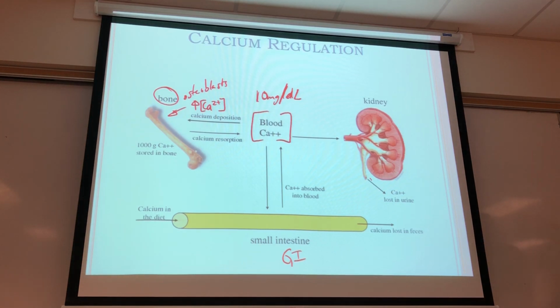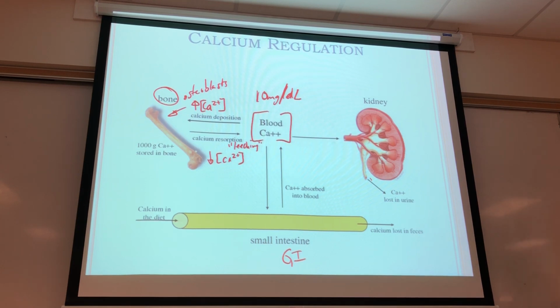We'll combine that with these hydroxyapatite crystals and layer and layer bone right up on top. Calcium resorption is also known as leaching. At times when calcium levels are low, we can pull calcium from the bone in order to raise blood calcium. So that's one way of doing it.